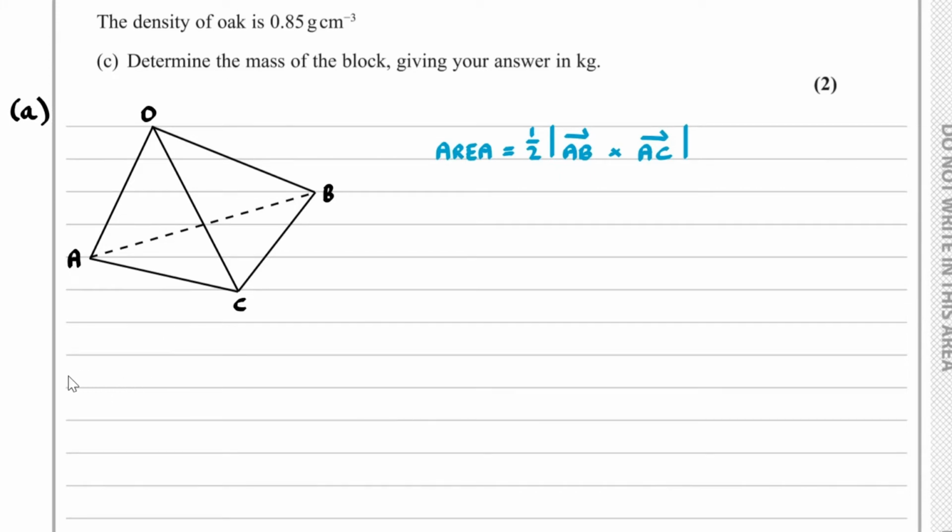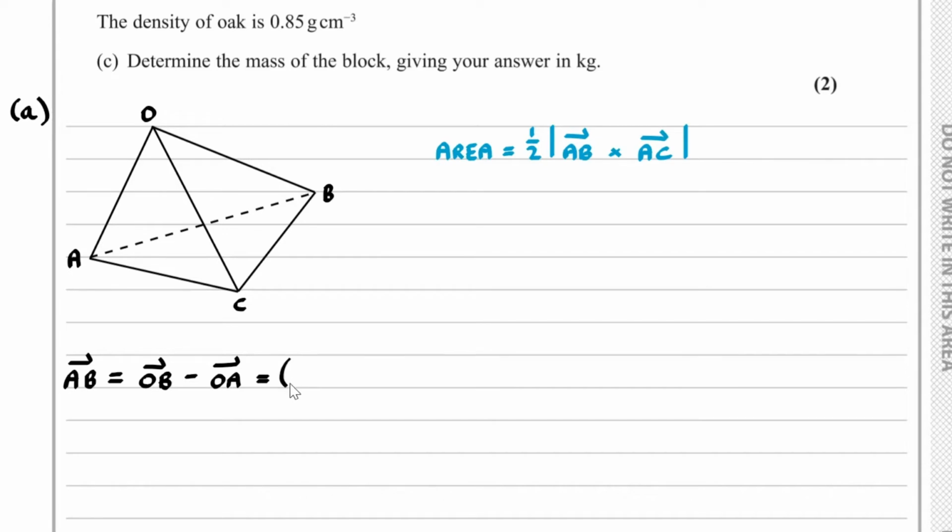So, the vector AB is equal to the vector OB minus OA.